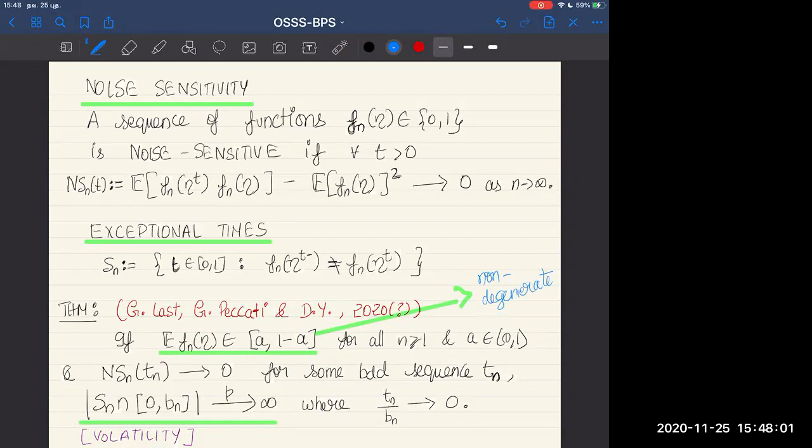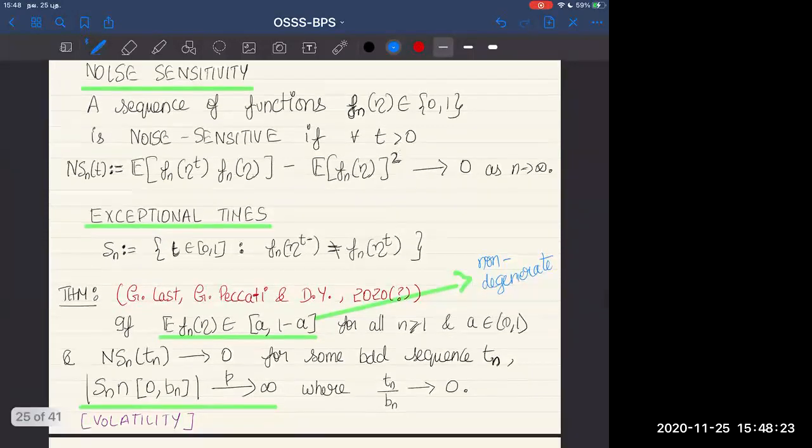And suppose at some scale Tn, NS_n of Tn goes to 0, for some bounded sequence Tn. Then the number of oscillations in the interval Bn, which is slightly larger than Tn, goes to infinity. This is called volatility.